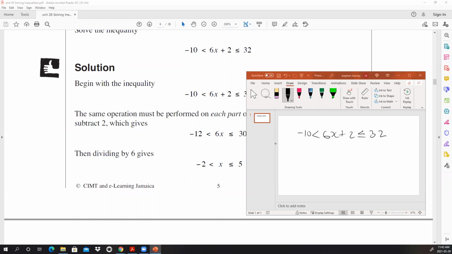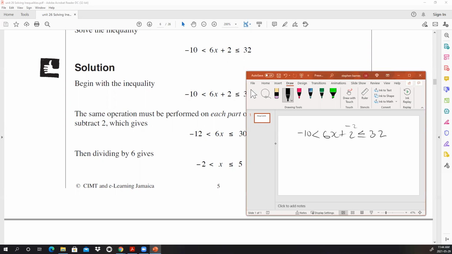All right. So this one, you're trying again to get x by itself. So all you need to do is do as you would normally do when you are solving a simple linear equation. You just isolate for x. So in this case, you need to subtract 2 from both sides. But in this case, it's not just both sides, I guess I could call it three sides, right?